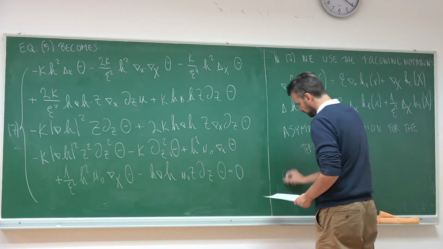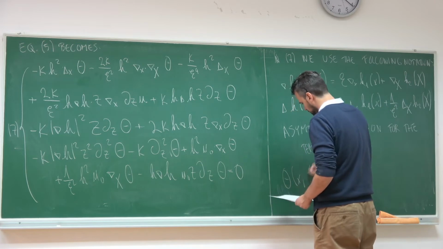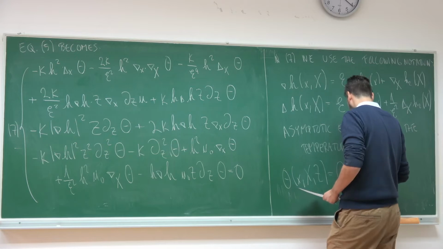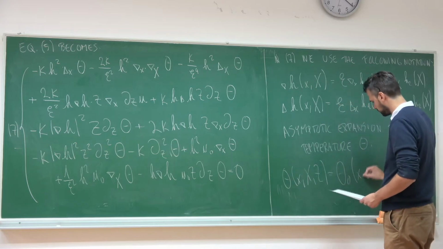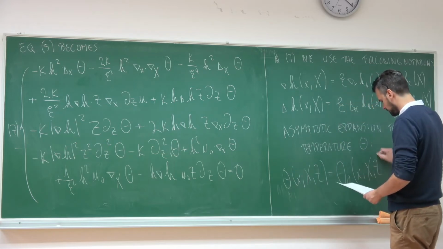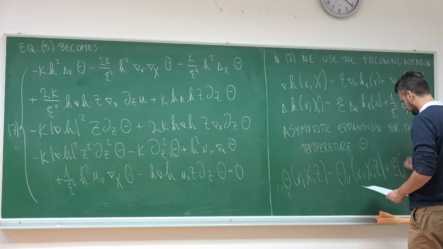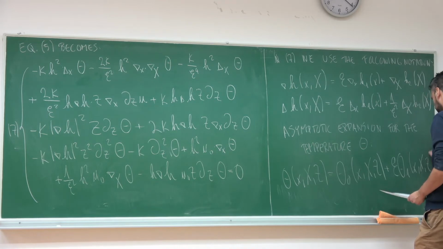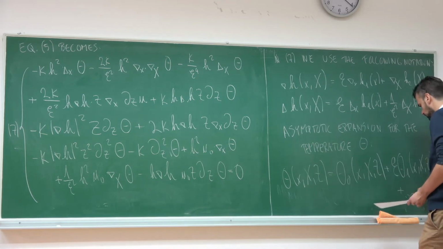Theta, so you have theta of x, big X, z, is theta 0 of x, big X, z, okay.